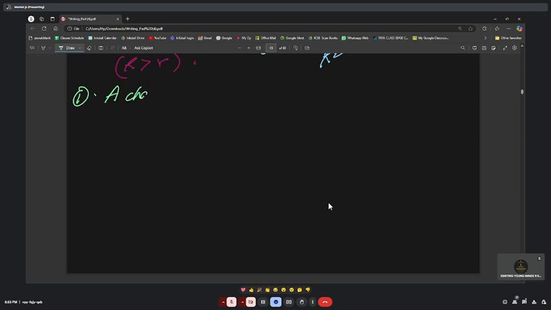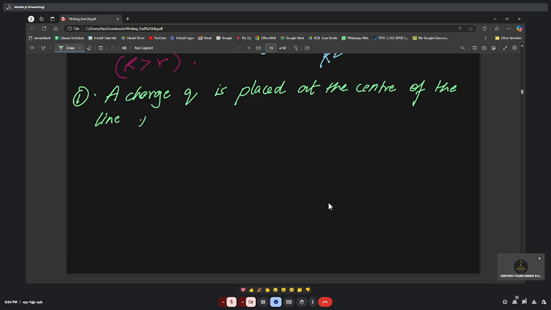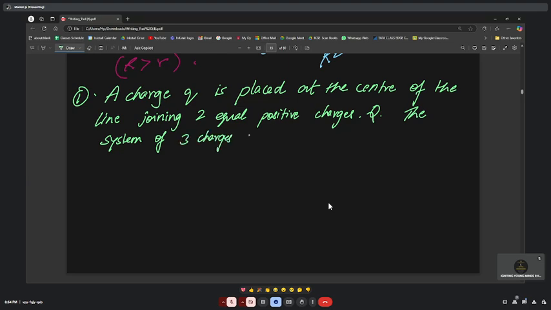A charge Q is placed at the center of the line joining two equal positive charges, capital Q. The system of three charges will be in equilibrium if Q is equal to.